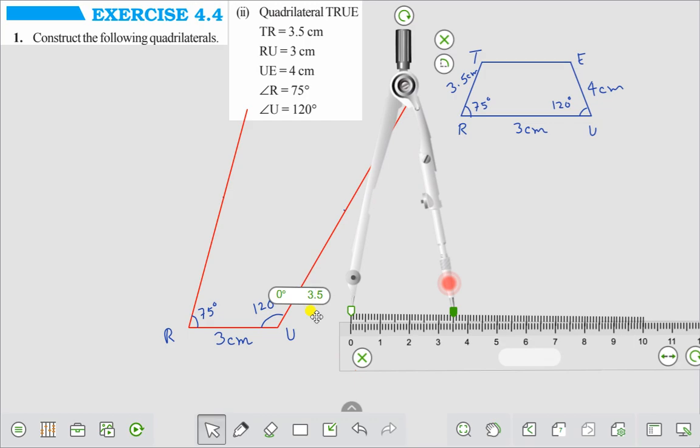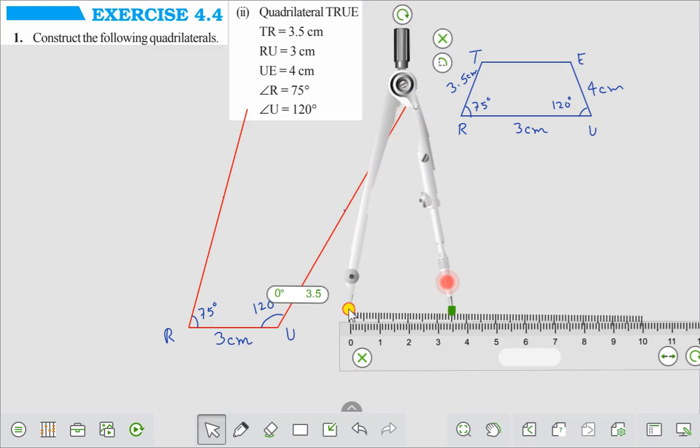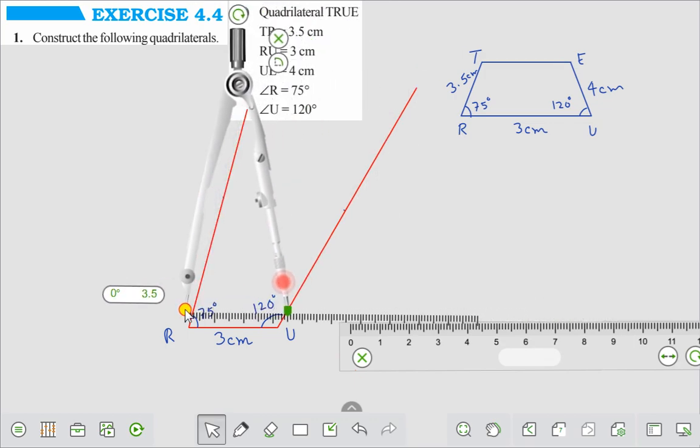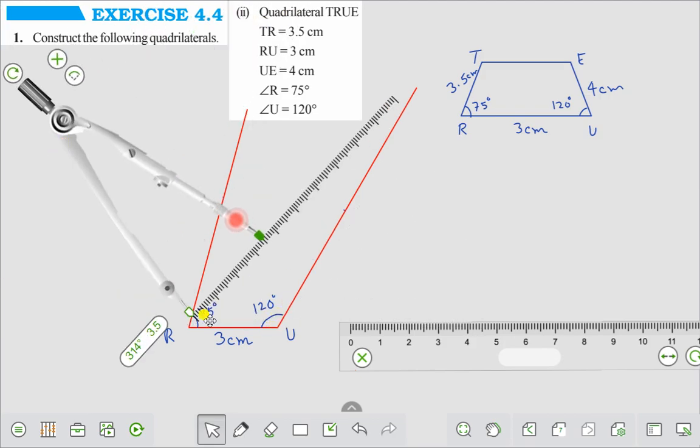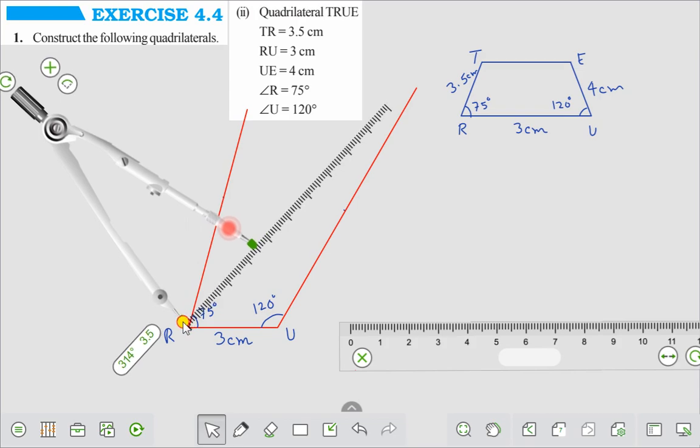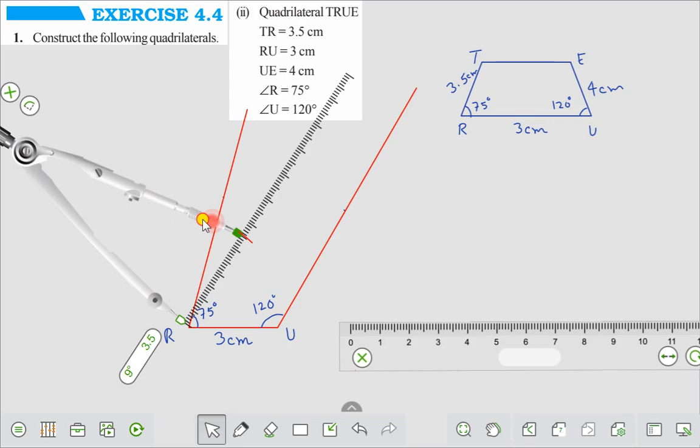Exactly 3.5 centimeter. Therefore, take this pointer at point R and cut an arc of 3.5 centimeter.